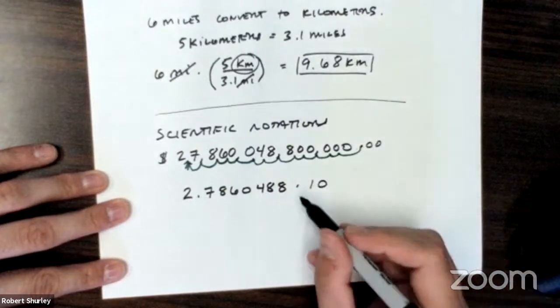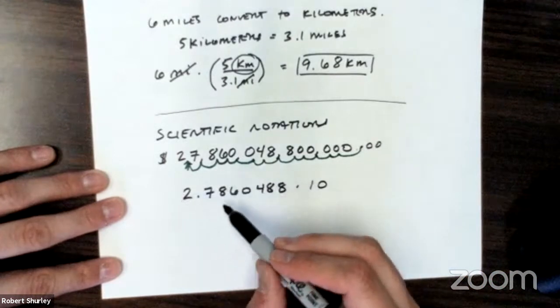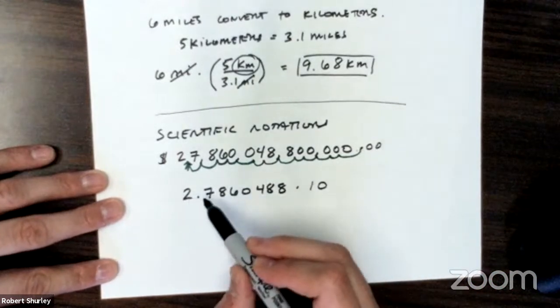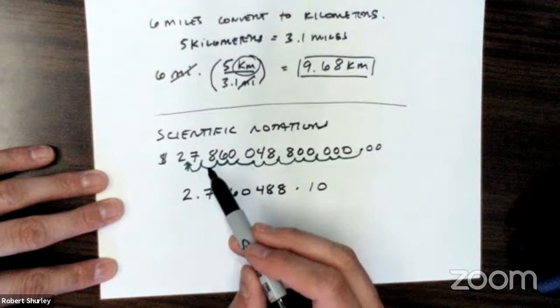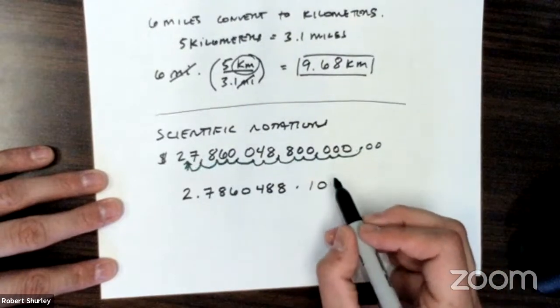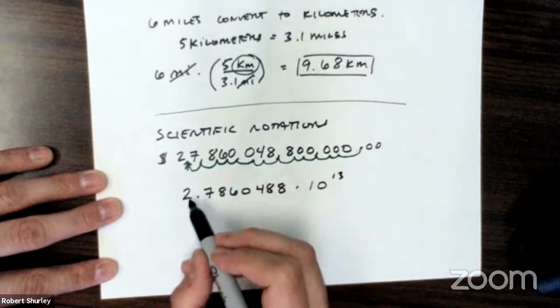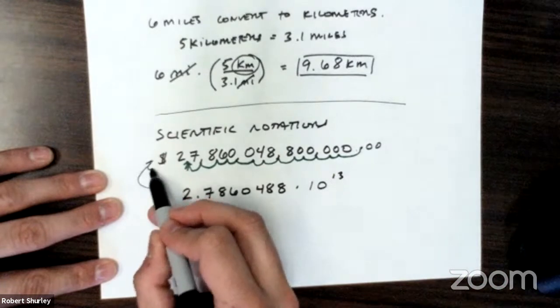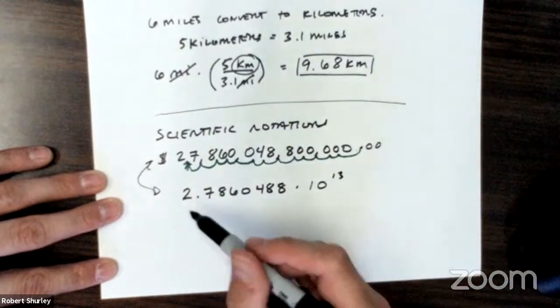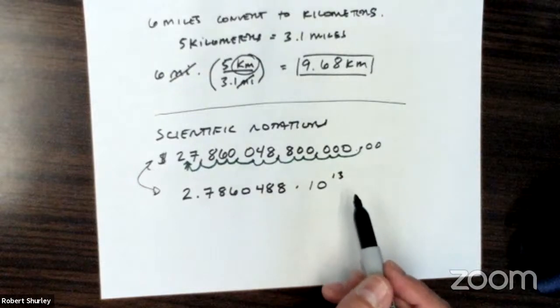Times 10. That's always times 10. Now, if we need this number to be bigger, look, 2.78, it's got to turn into 27 trillion, right? We need this number to be bigger. We're going to use a positive exponent here, so it's positive 13. So these are the same two numbers. Now, if you wanted to round it, you can say 2.79 times 10 to the 13th power.